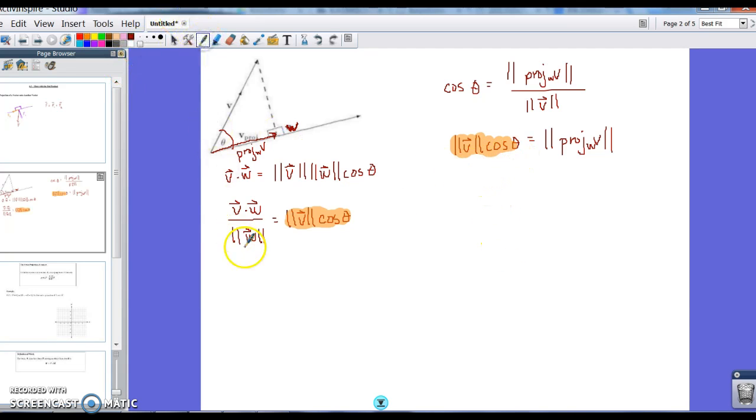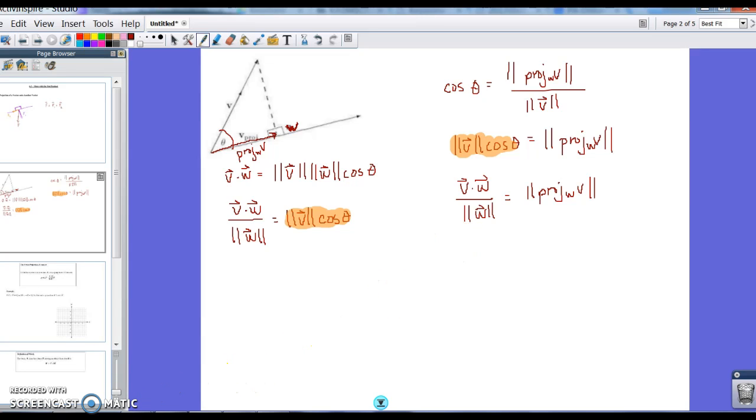If I substitute that in, I end up with the dot product of v and w over the magnitude of w equal to the magnitude of the projection of v onto w. So that is part of where our formula is going to come from.